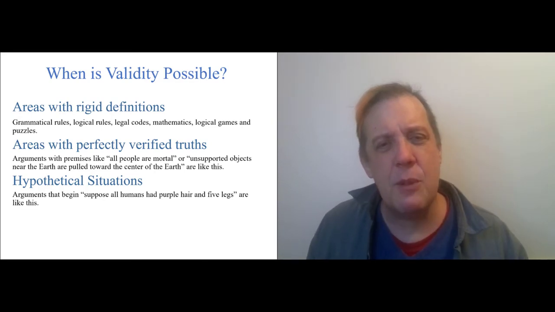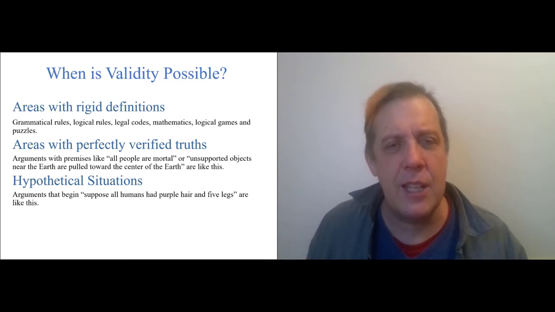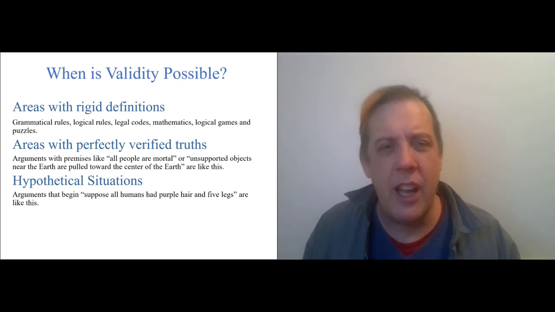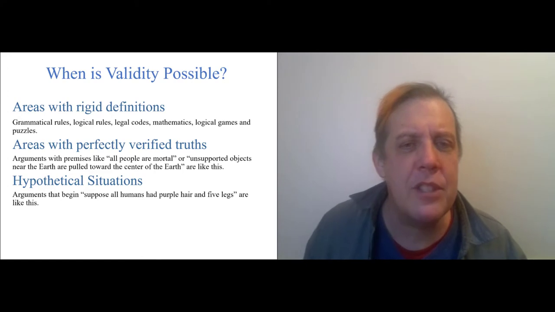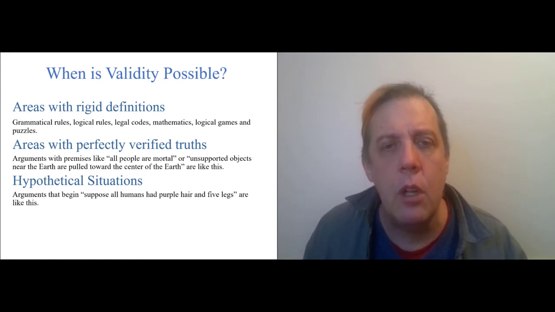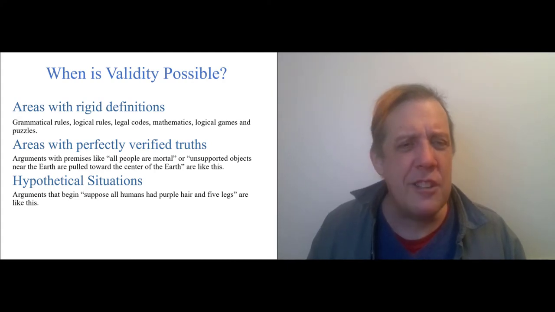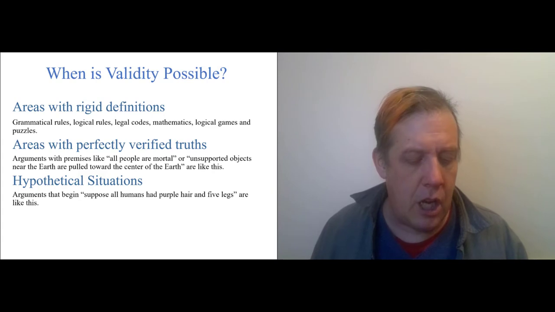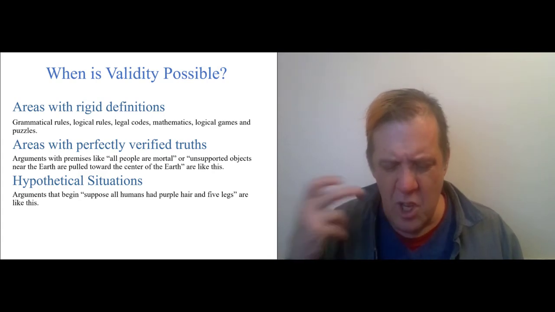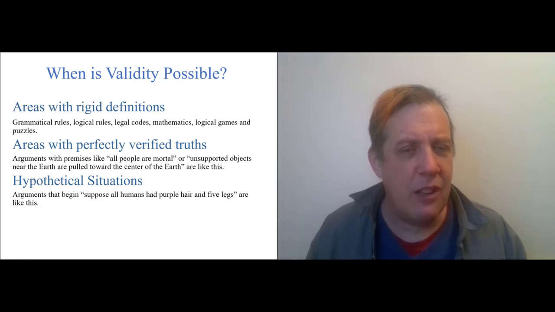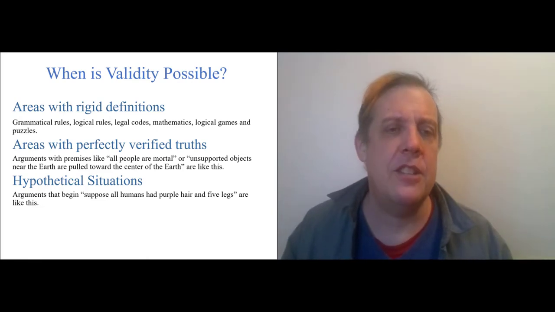Also, if we've got truths that we accept so naturally that they seem like mathematical truths, then we can go ahead and say that. So arguments with premises like all people are mortal, or unsupported objects near the earth are pulled toward the center of the earth, those statements are universal enough that we can say that a valid argument is possible.